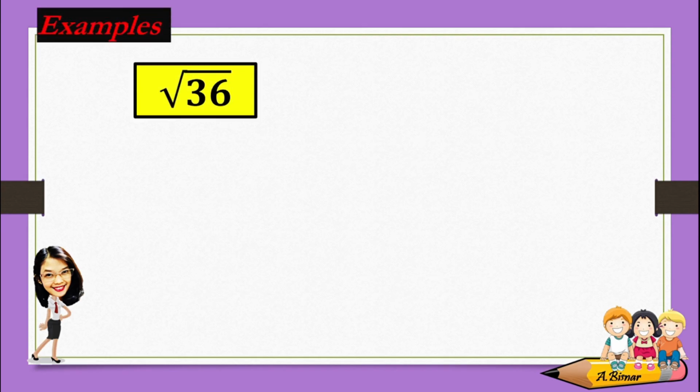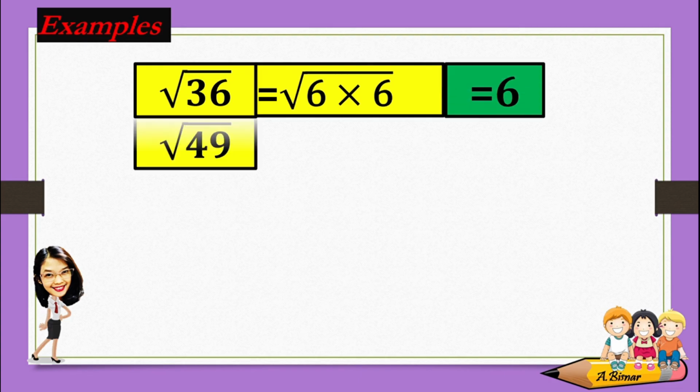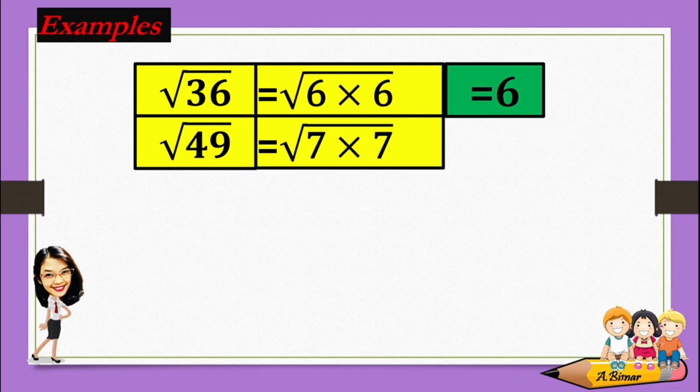Another, square root of 36, which is equivalent to the square root of 6 times 6. So the square root or the principal root will be 6. Next, square root of 49, which is equivalent to square root of 7 times 7. And therefore, the answer or the square root will be 7.